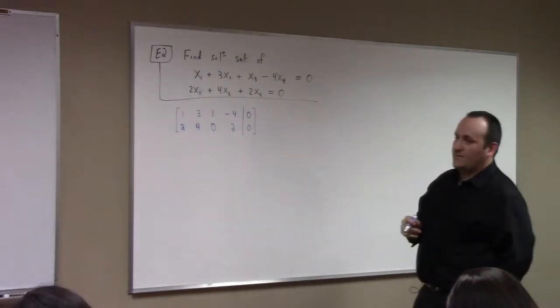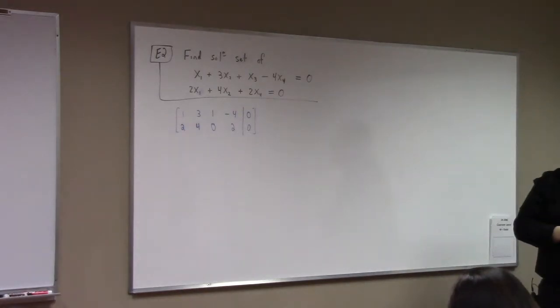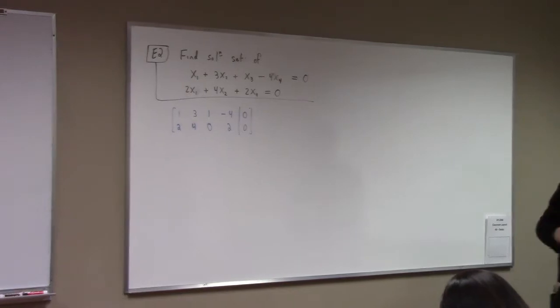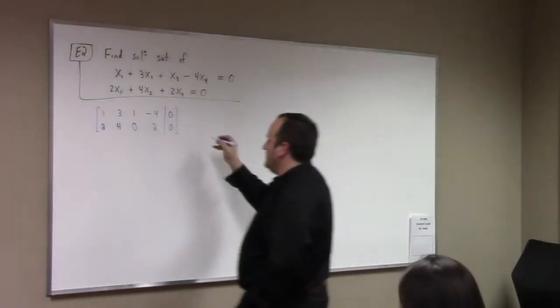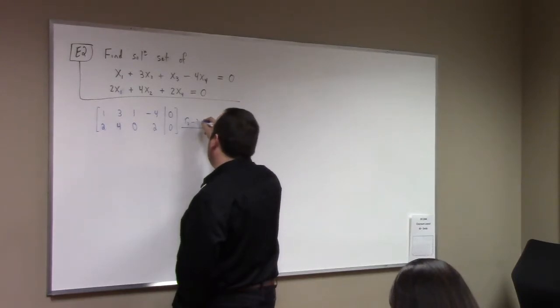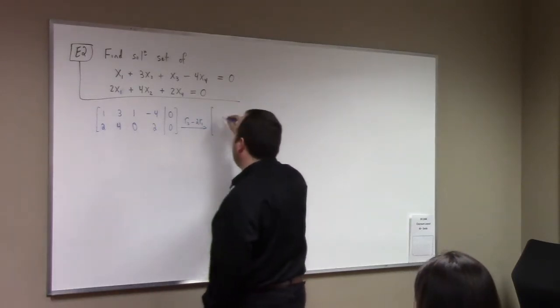So there we go. That's the augmented coefficient matrix for my fixed problem that's more interesting. So we can do row reduction, right? First order of business, I'm going to take row 2 minus 2 times row 1. What's that give me?